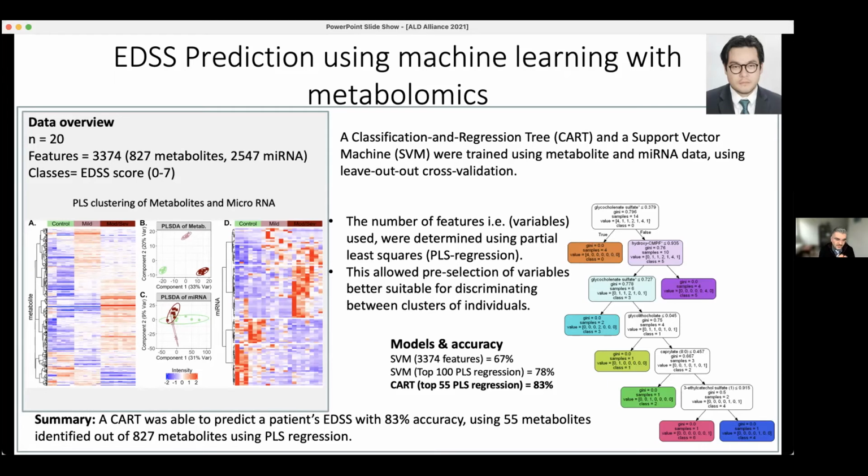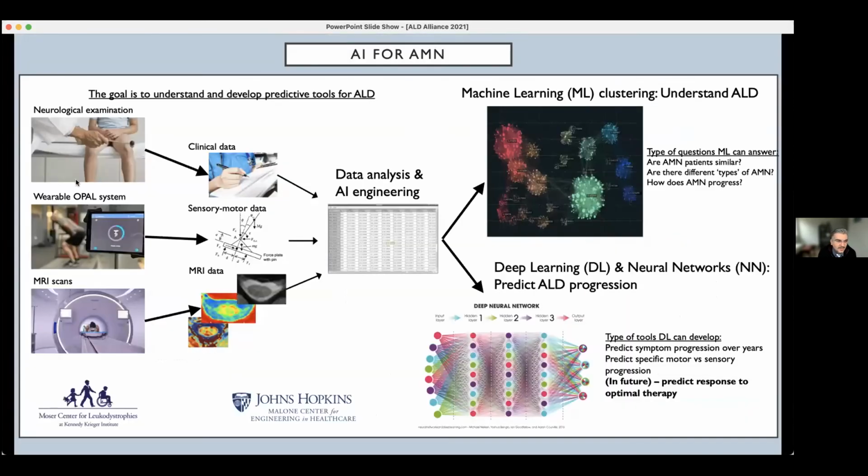So I've told you a lot about these different outcome measures: blood markers, MRI markers, clinical outcome measures, and all of them are sort of imperfect. Each of them changes a little bit. Nothing is a holy grail type of approach. The question is, if you bring them all into a machine learning tool and combine them together, can we come up with a really good prediction tool that would not only predict how severe you are today, but how severely you are going to be affected in a couple of years?